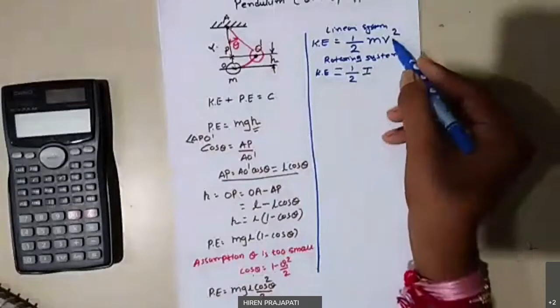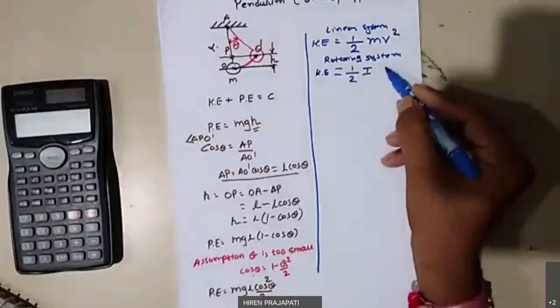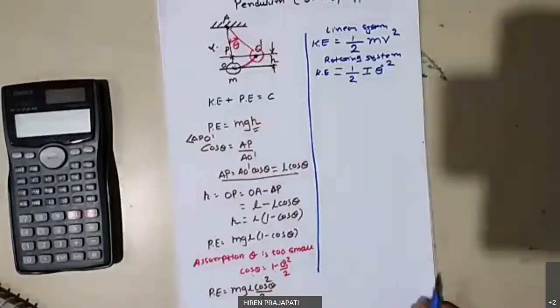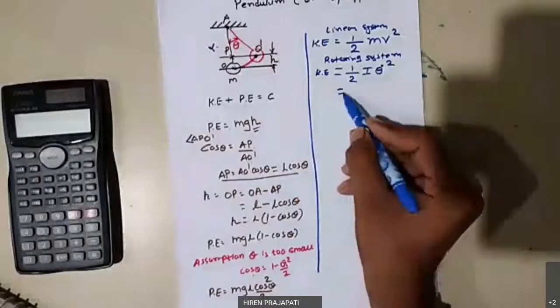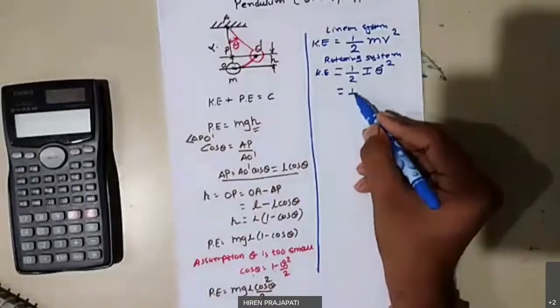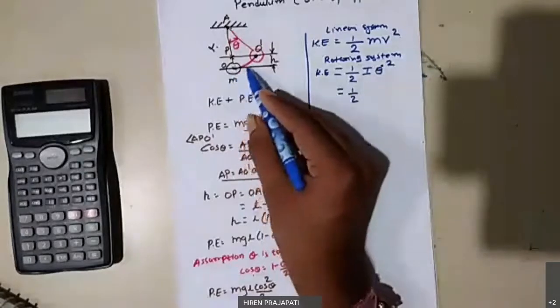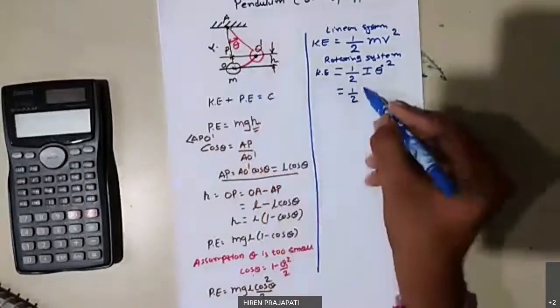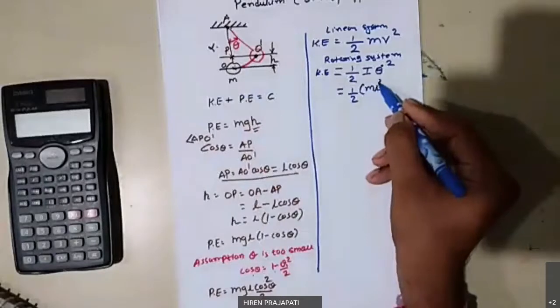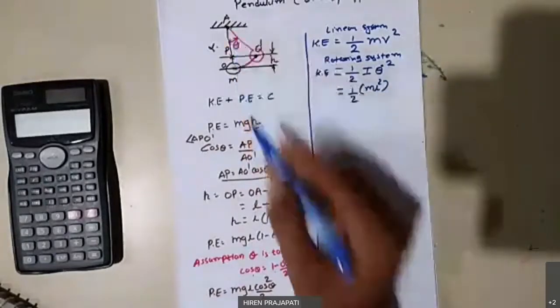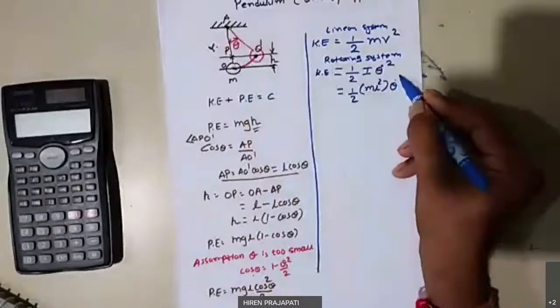Means if you consider velocity is x dot, then here it is theta dot square, right? Now as we have seen earlier, the mass moment of inertia for this pendulum is m l square. M is mass of this box and L is length of pendulum, right?